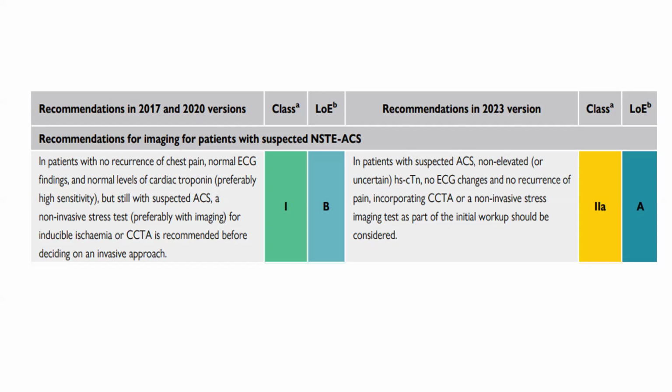In the current recommendation, it's similar, but I think it's the wording. So in patients with suspected ACS, non-elevated or uncertain troponins, no ECG changes, and no recurrence of pain, incorporating CT coronary angiogram or non-invasive stress imaging test as part of initial workup should be considered.